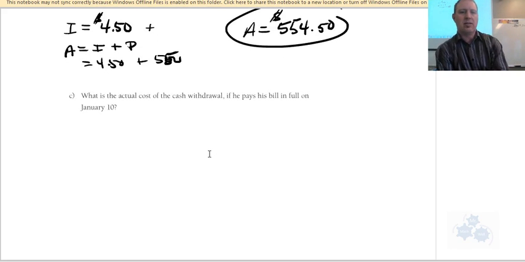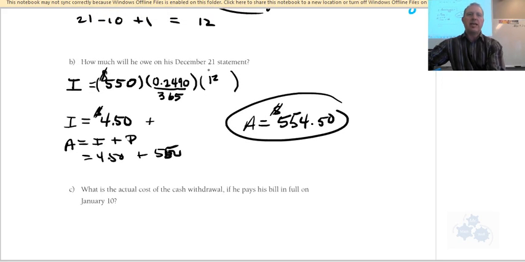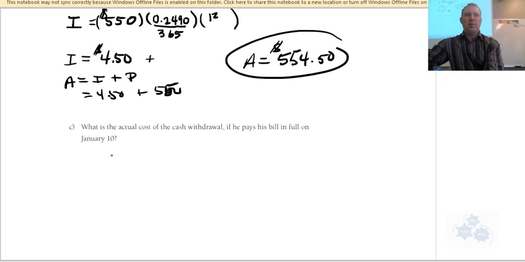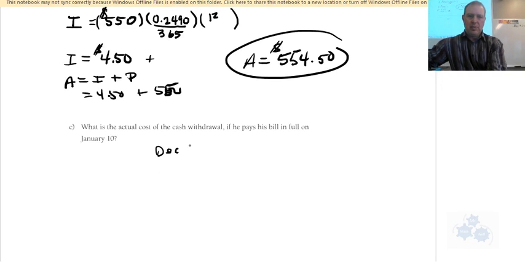What's the actual cost of the cash withdrawal if he pays his bill in full on January 10th? Okay. So on January 10th, so this was asked about the 21st. How many more days is January 10? So, December 21. How many days in December are there? 31, and then plus 10 days, right?